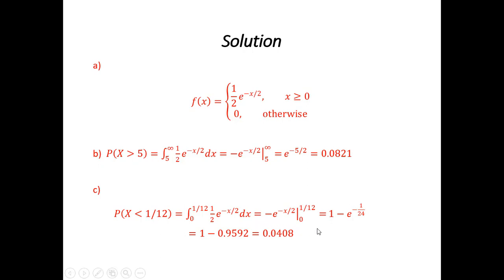Integrate this out, and we end up with 1 minus e to the minus 1 over 24. So we could calculate that, get our answer as a decimal. We end up with 0.0408.